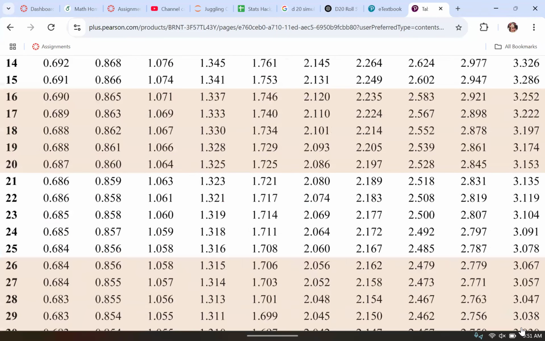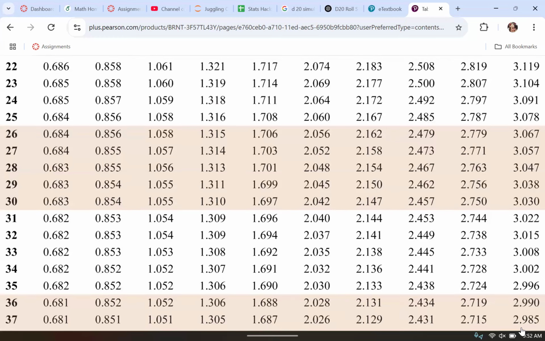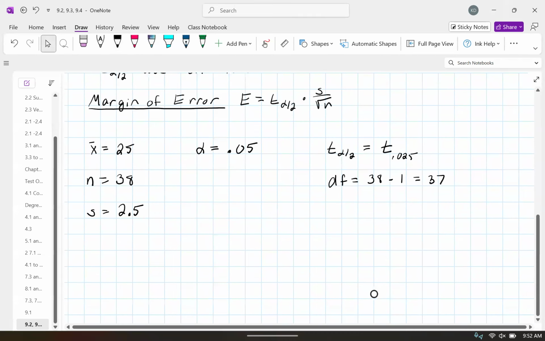My degrees of freedom were 37. So there's my 37. It looks like my t value is 2.026. We'll write that over here.